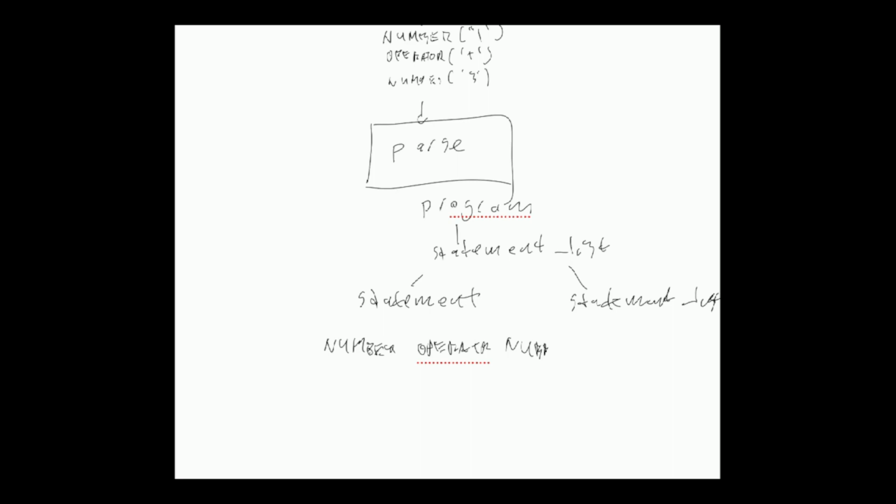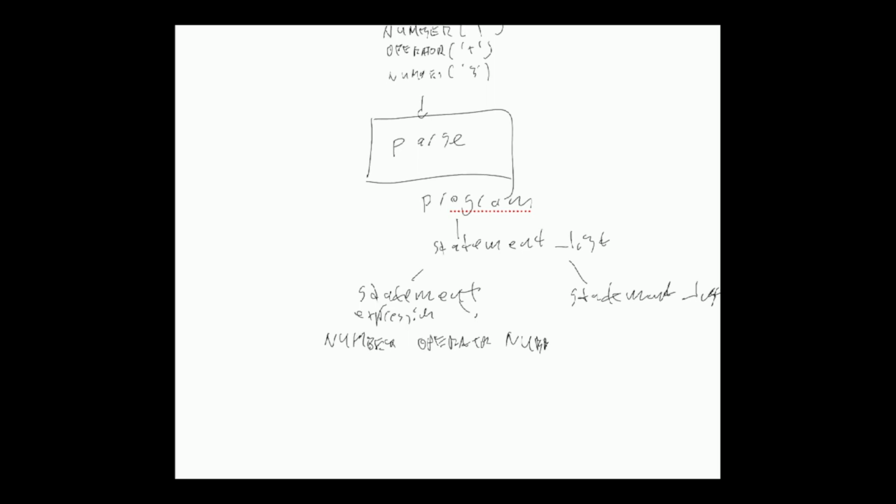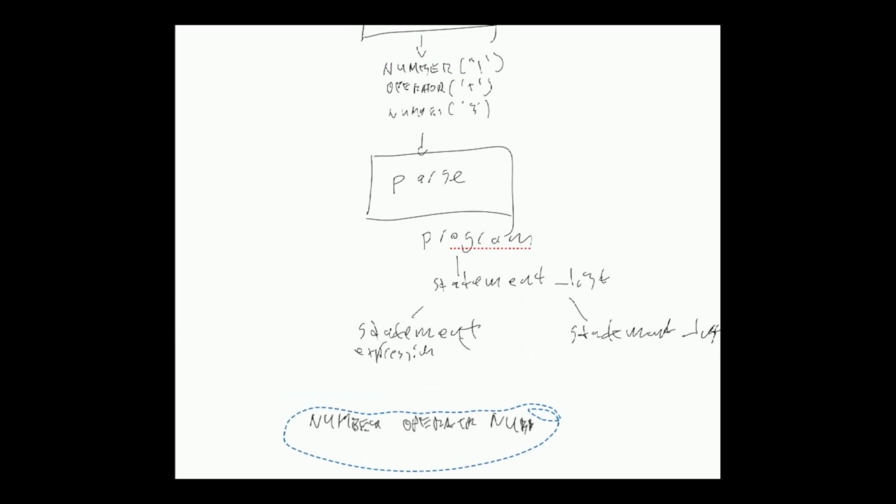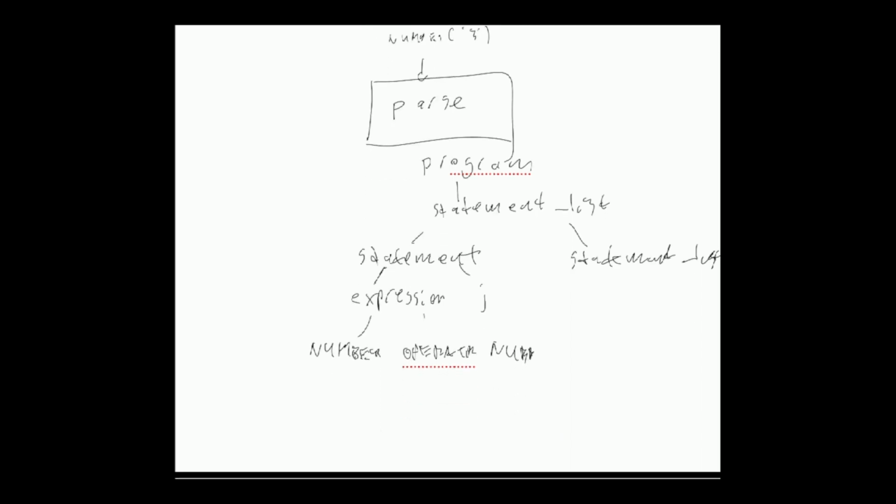So a statement consists of an expression followed by a semicolon, and an expression consists of a number followed by an operator followed by a number.